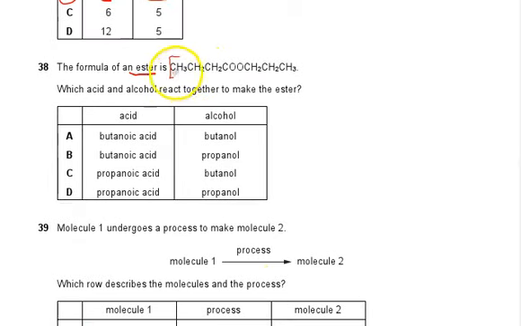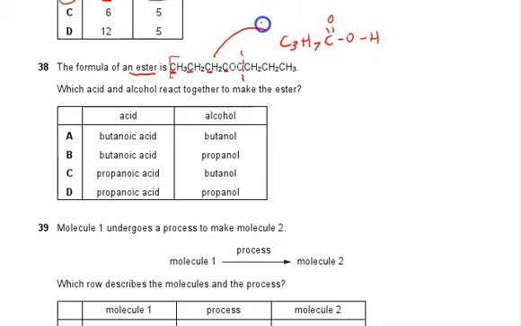If you look here, 1, 2, 3 and 4, so you have 4 carbons, C3H7 and COOH.